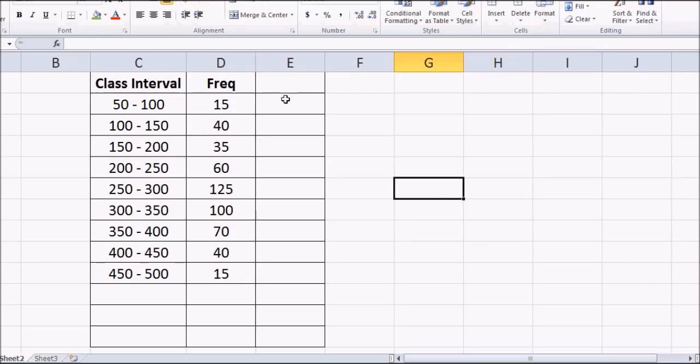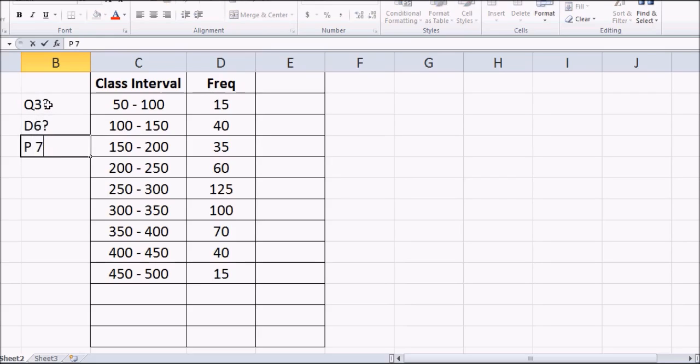Alright, so let's take this question and let's find out, say, Q3 and one of the decile values, say D6, and one of the percentile values, say P70.